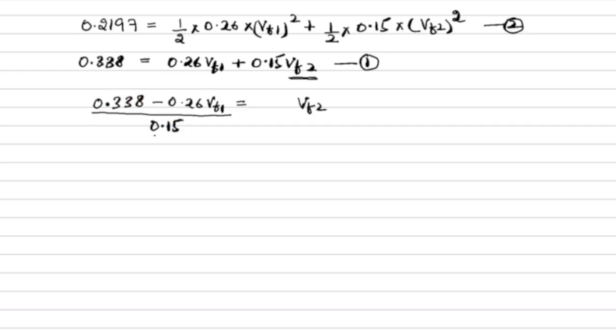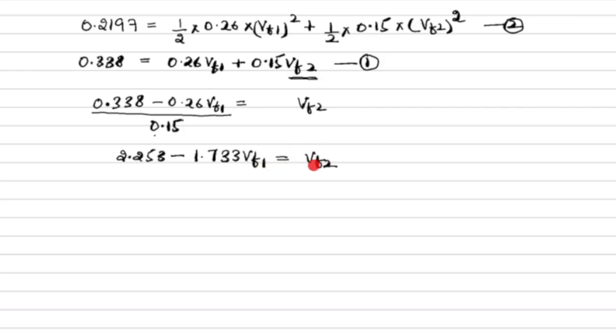So that will be 0.338 divided by 0.15, that is 2.253. So it will be 2.253 minus, I will divide this now, 0.26 divided by 0.15, that comes out to be 1.733. 1.733 VF1, that is equal to VF2. So I got VF2 in terms of VF1.